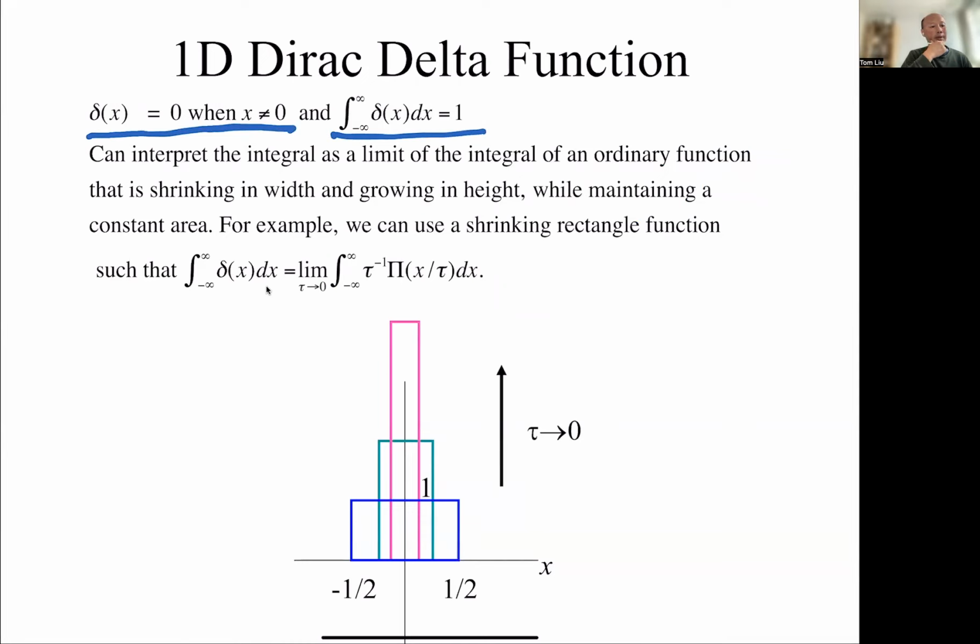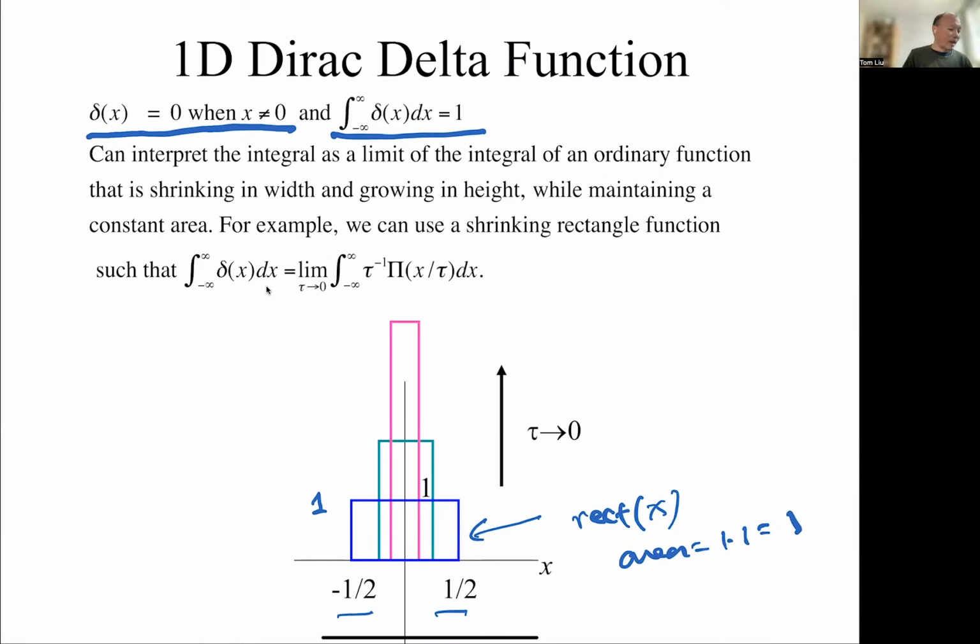Okay, so we can think of how we would approximate that. We could start off with a function like this. This is just my rect function, rect of x. So this has a value of 1 between -0.5 and 0.5. So that has area of 1 times 1 equals 1.